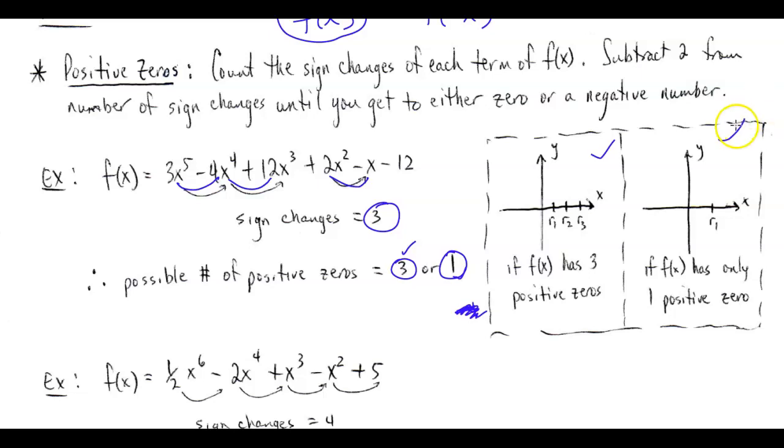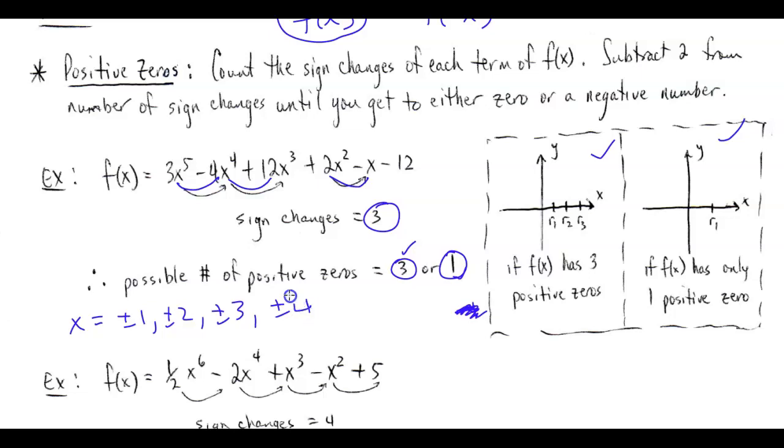Here is how this works with the rational zeros theorem. Let me make up a list quickly. Let's say from the rational zeros we get plus or minus 1, plus or minus 2, plus or minus 3, plus or minus 4.